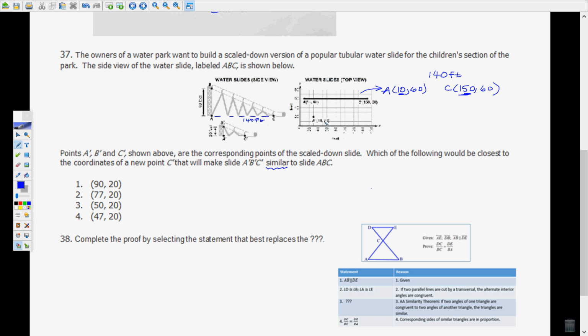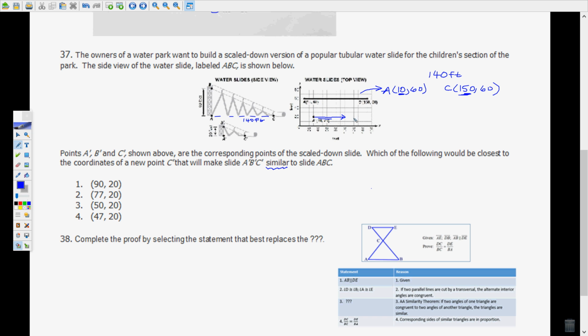Then we're trying to figure out how long A prime to C prime would be, in order for us to figure out what this point over here would be. We know the y is always going to be the 20 here because we're on the 20 up.